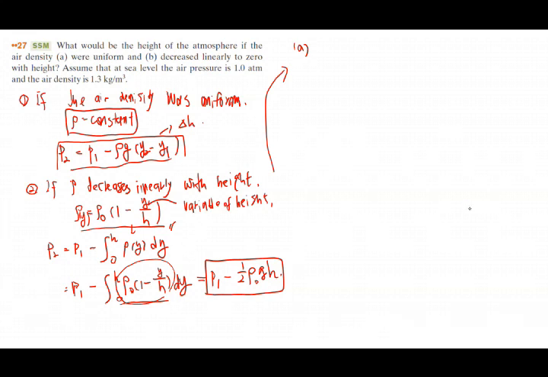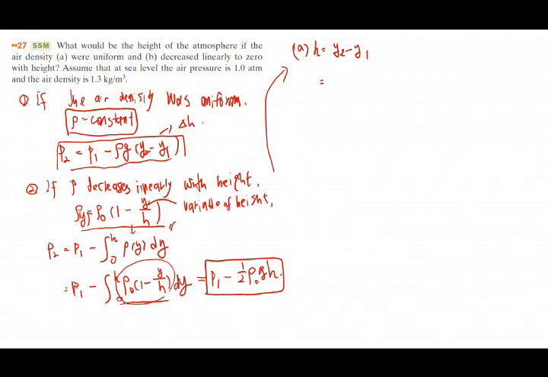The question is to find the height of the atmosphere for the first case, uniform density, and the second case, density decreasing linearly to 0 with the height. So the height itself is y2 minus y1.